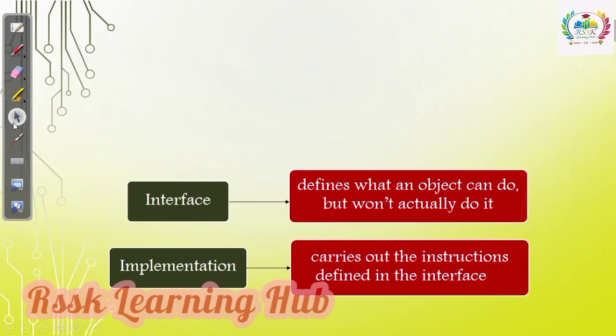Now moving to interface in the programming part. An interface defines what an object can do but won't actually do it. So it induces the object to do some work. That is the interface. Implementation means it carries out the instruction defined by the interface. What the interface asks to do, that action is carried out in the implementation stage.